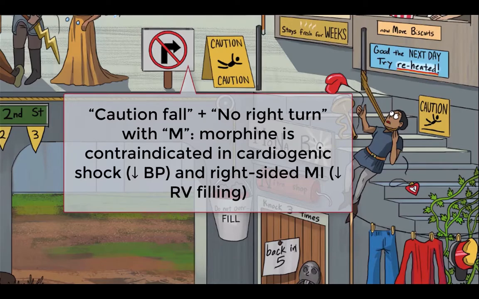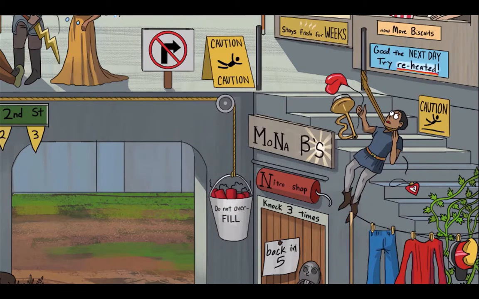Do not give morphine to patients in cardiogenic shock or those with a right sided myocardial infarction, as it can lower their preload and worsen cardiac ischemia. Morphine should only be used if chest pain is unable to be adequately controlled with nitrates, as its use has been associated with poorer outcomes.